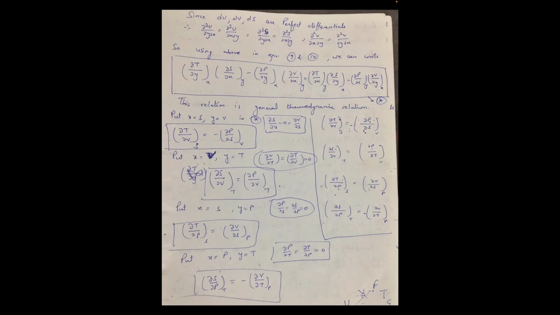Now if we put x equal to s and y equal to v, as we already stated that x, y are variables from the thermodynamic parameters S, P, T, V, that is entropy, pressure, temperature and volume. So when we put x equal to S and y equal to V in star, we have to keep in mind that S and V both are independent variables.